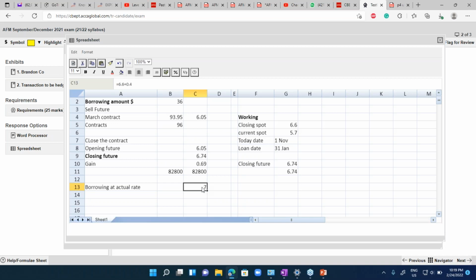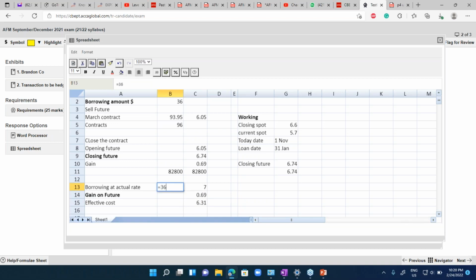Now the market moves to 6.6. 5.7 was the previous rate. Gain on future is 0.69, so the effective cost will be 6.31. Obviously, you can convert into the absolute amount.